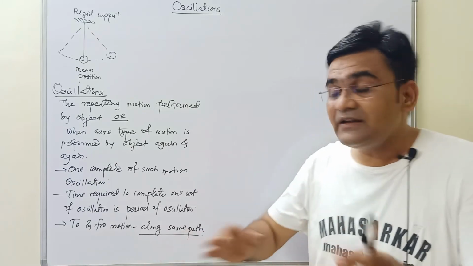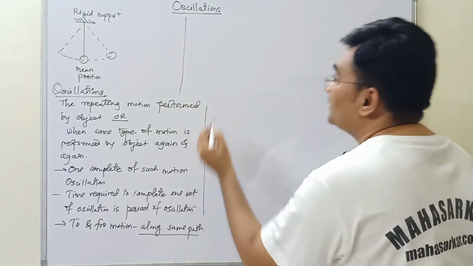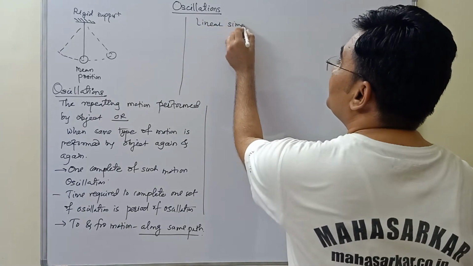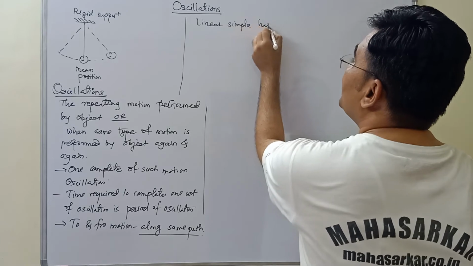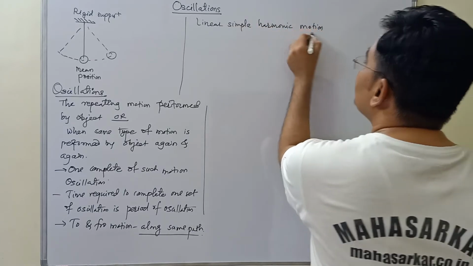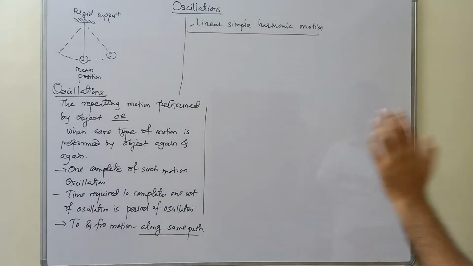Oscillation. This oscillatory motion is described with the help of one important type called linear simple harmonic motion. So one thing is clear, that it is linear motion. Then what is simple harmonic motion?